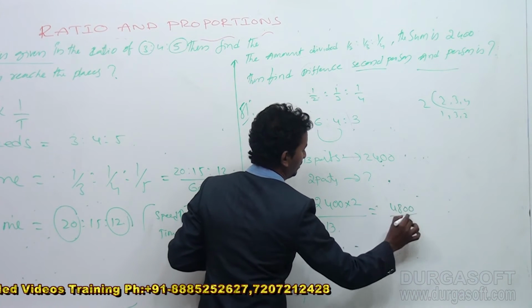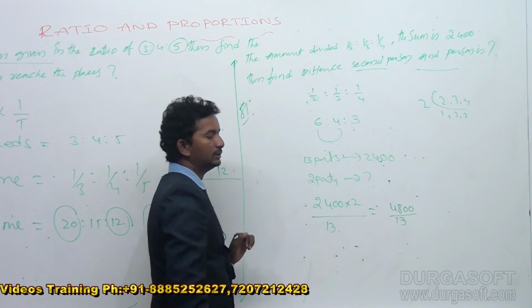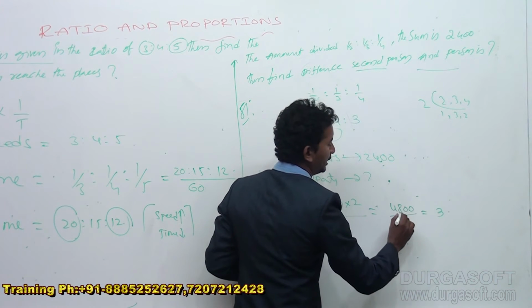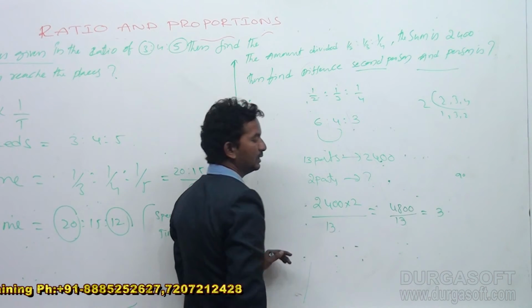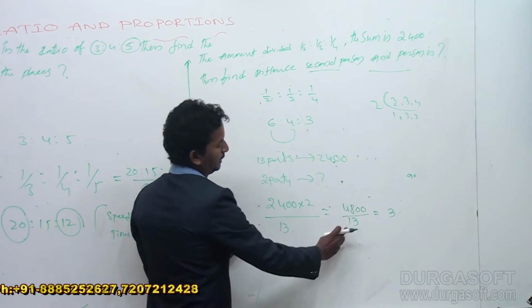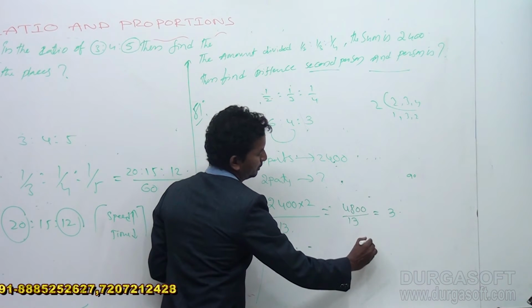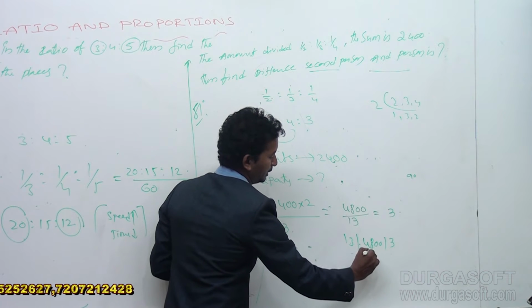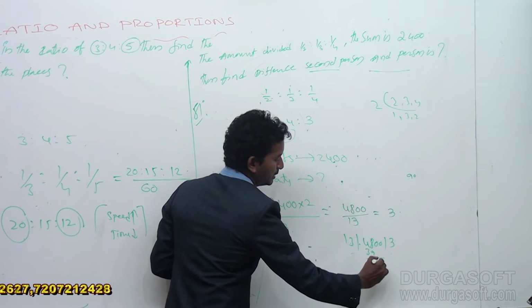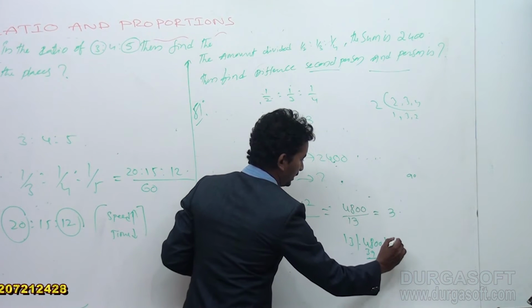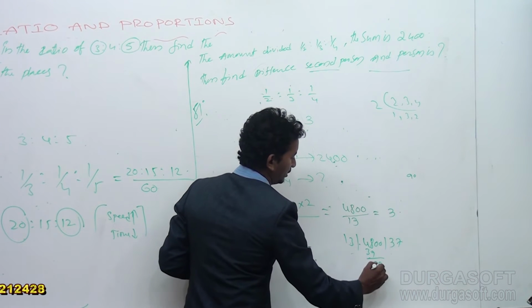So here 4800 divided by 13. 13 threes are 39, leaving 9. 13 eights are 104. Take 4800 divided by 13. 13 threes are 39, then 90 is there, 890. 13 sevens are 91.